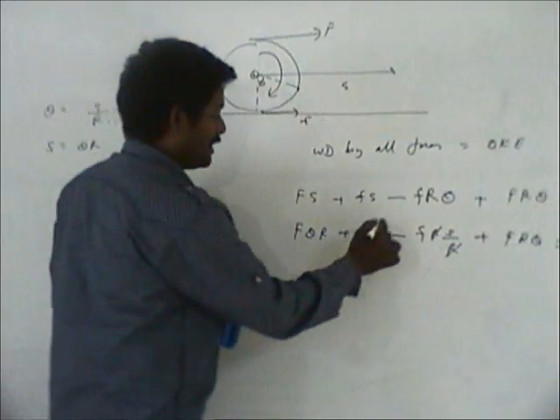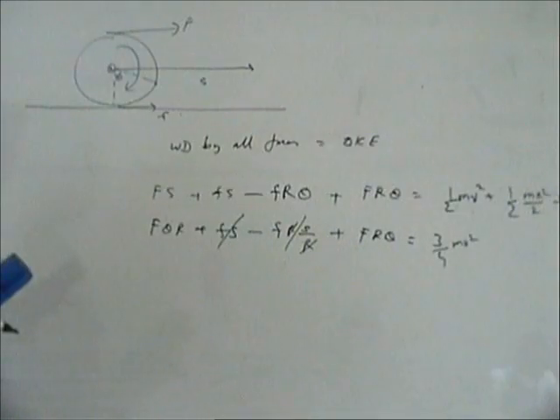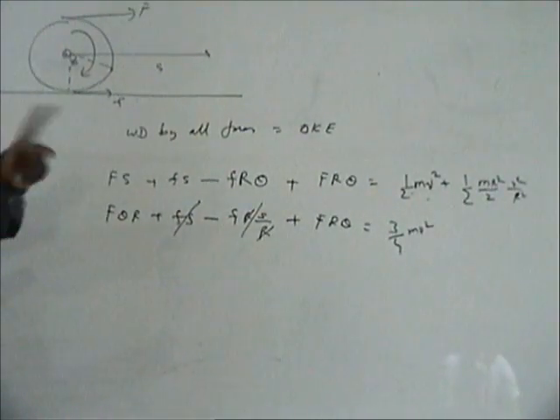Now what we have concluded here is that the work done by friction, rotational, and the work done by friction, translational, cancel out. Therefore, the net work done by friction is 0.